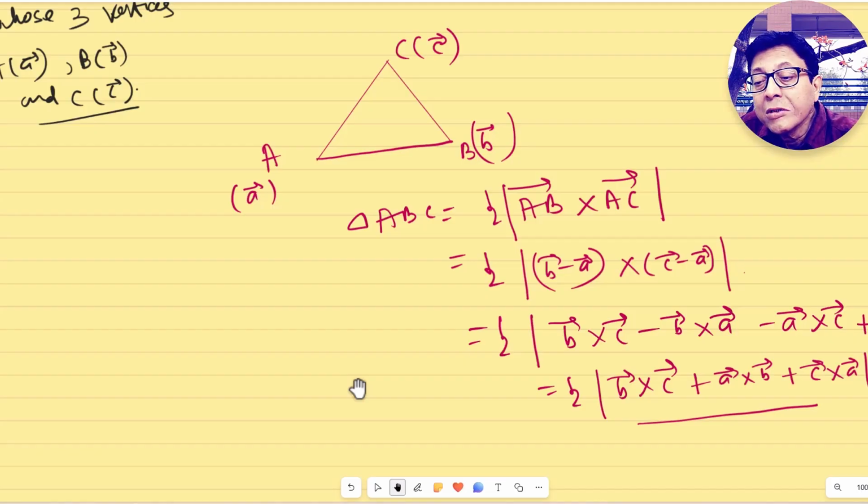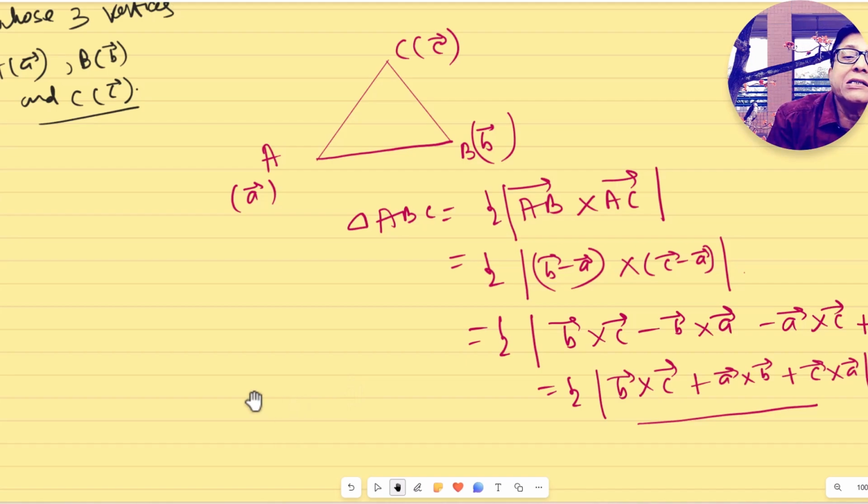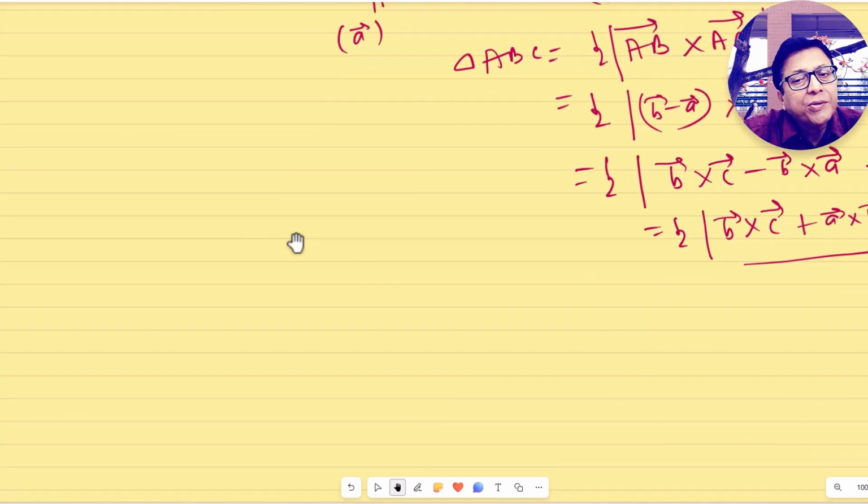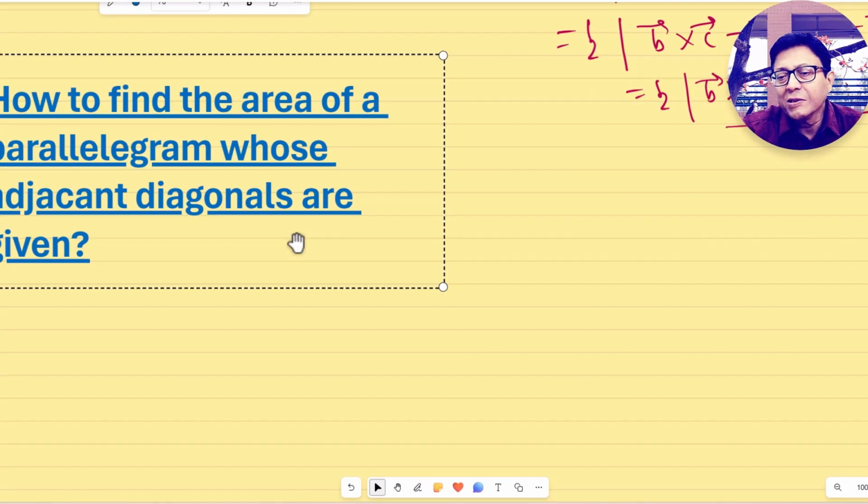So this is for descriptive paper. If it is required to show this result, you do this way only. Half B cross C plus C cross A plus A cross B, coming in order.